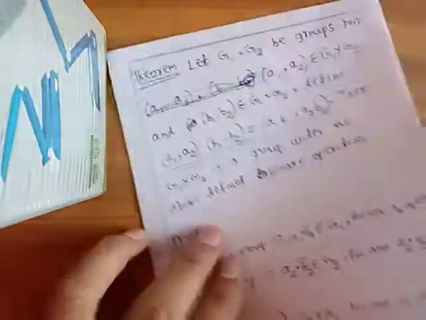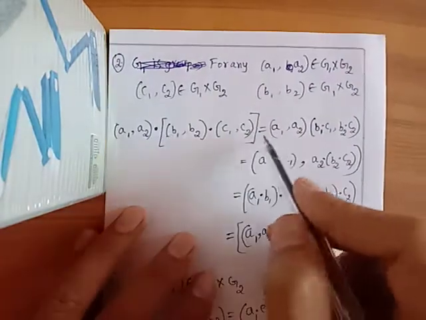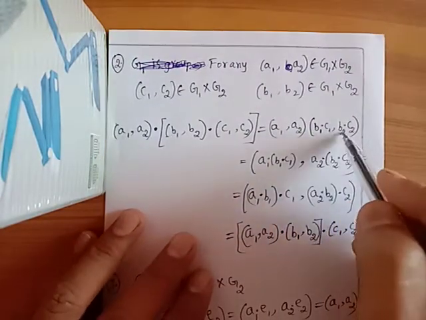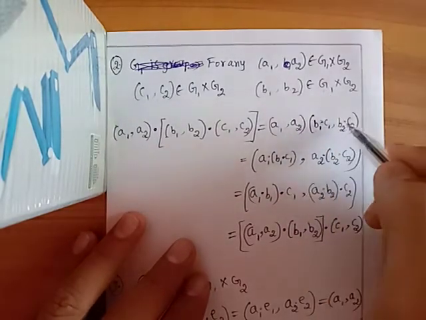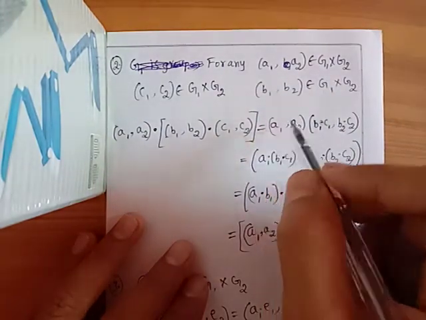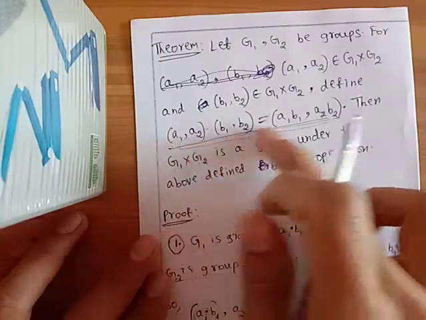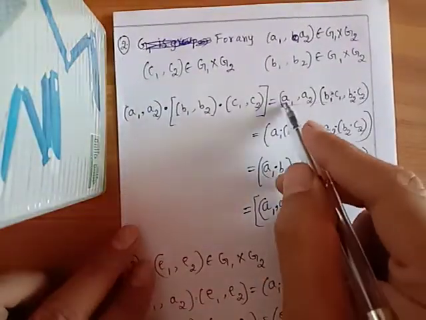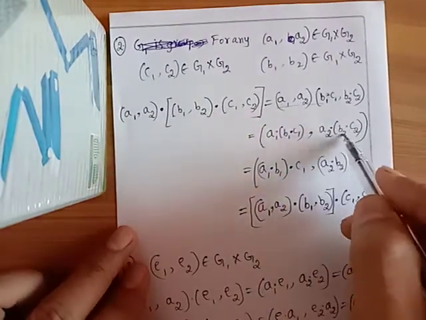As per the defined binary operation, we can write it as (B1 into C1, B2 into C2). This is the binary operation in G1 and this is the binary operation in G2. Again we can multiply this on the same binary operation defined for G1 cross G2. Now (A1 into B1) dot C1, (A2 into B2) dot C2.